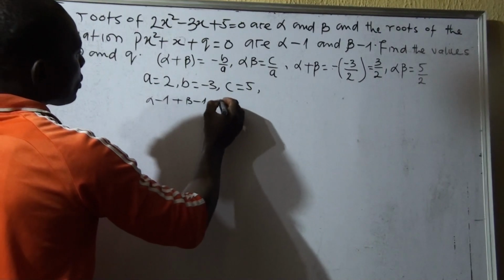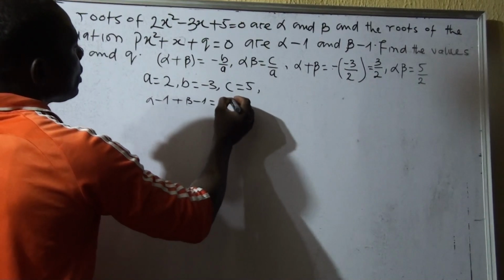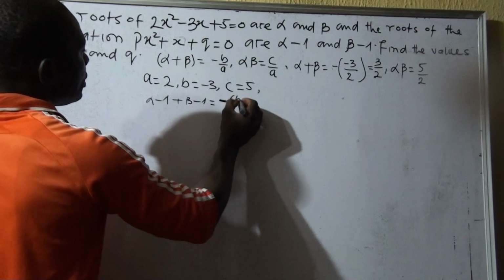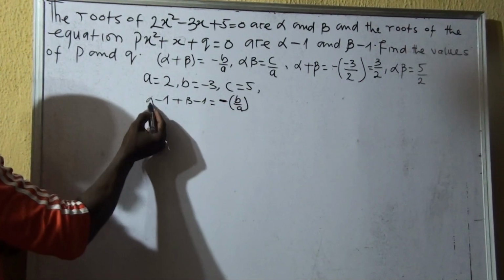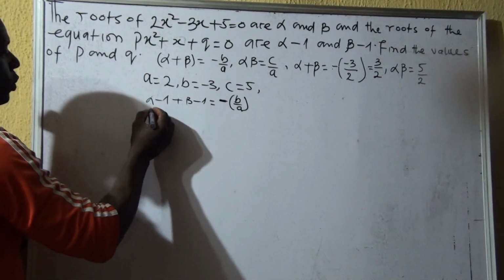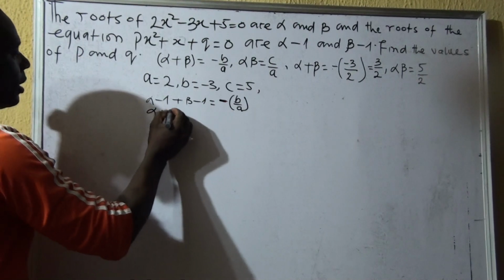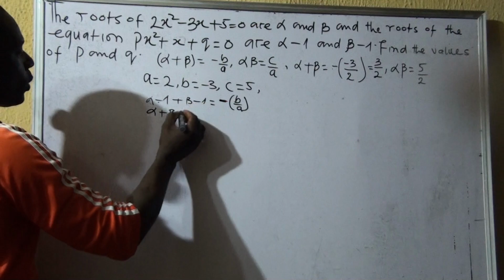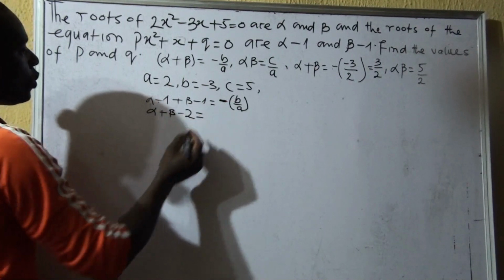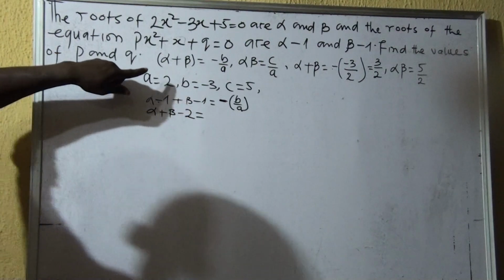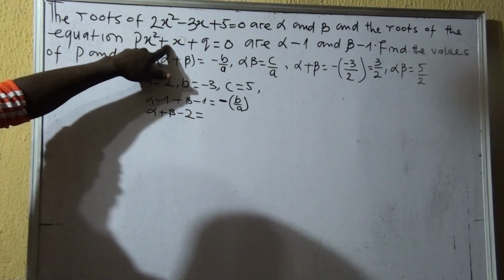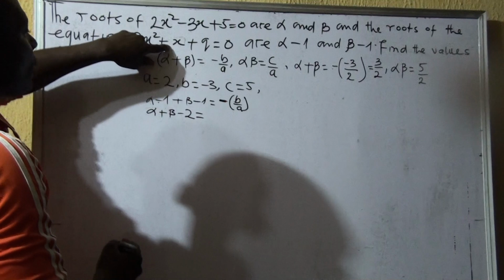So alpha plus beta minus 1 minus 1 gives alpha plus beta minus 2, which is equal to minus b over a.